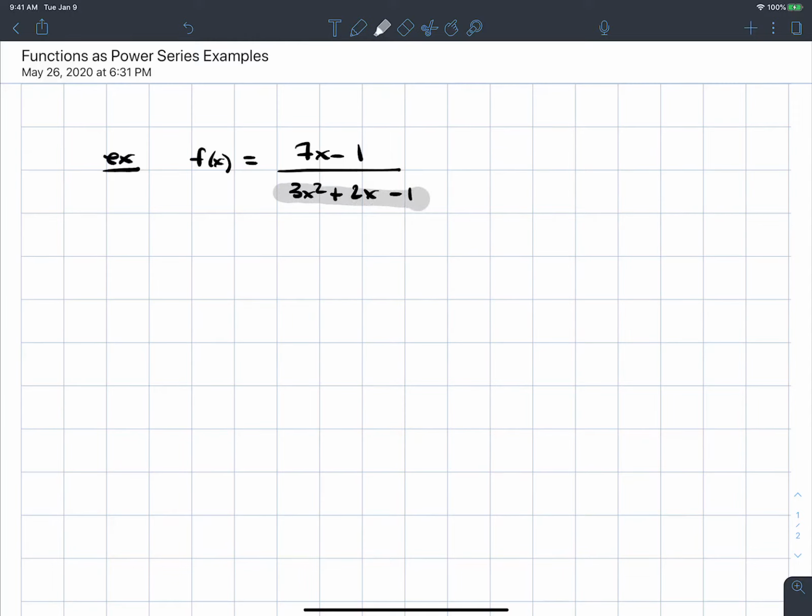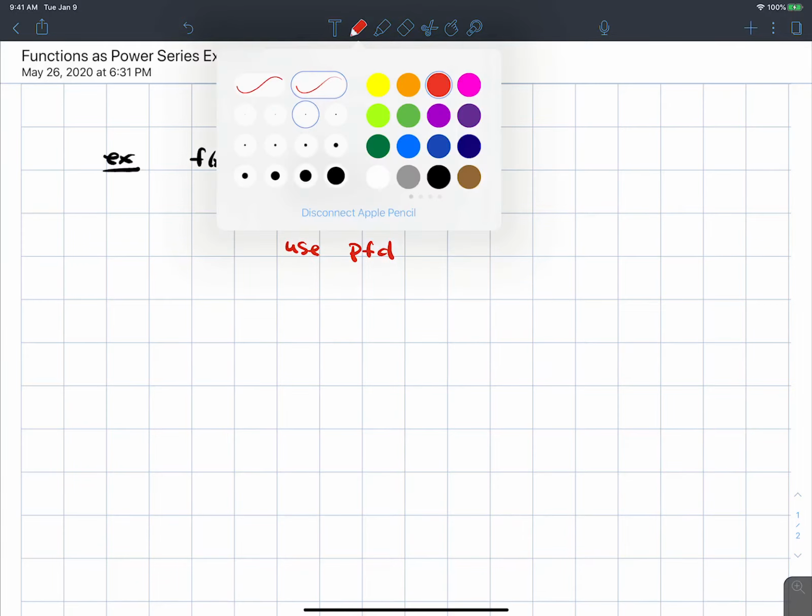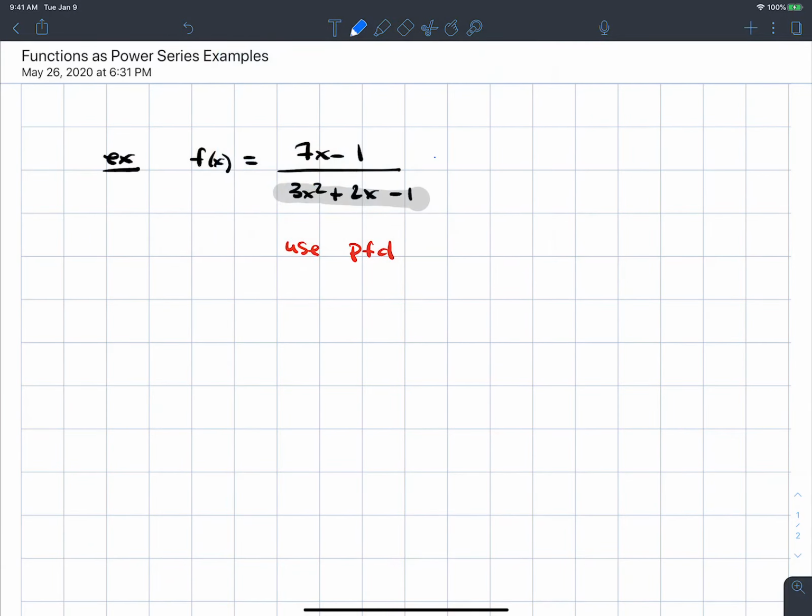consider your denominator, and you are going to use partial fraction decomposition, which means we're going to write this as A over something plus B over something. Remember, we have to factor that denominator. And this is (3x - 1)(x + 1).